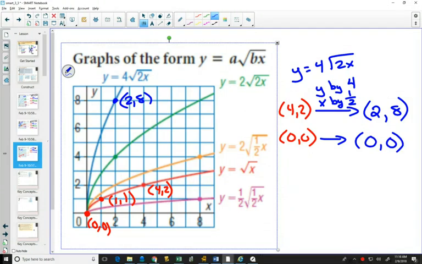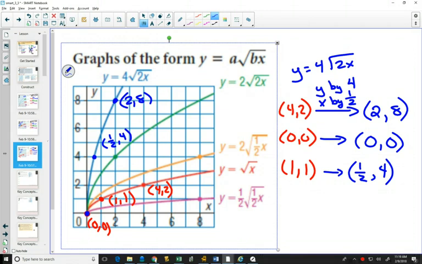What's going to happen to the point 1, comma 1? 1, comma 1, I'm going to multiply x by 1/2. That's going to be 1/2. I'm going to multiply y by 4. That's going to go to 4. And so now I would know I have 0, 0 at 1/2, comma 4, and 2, comma 8.